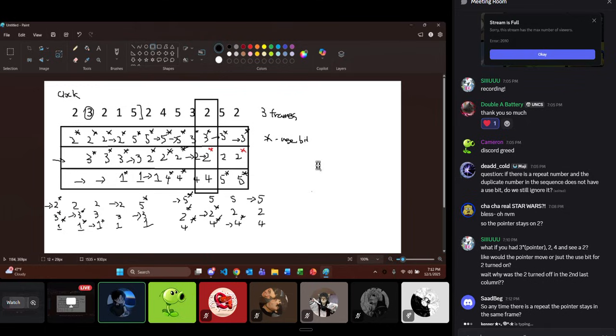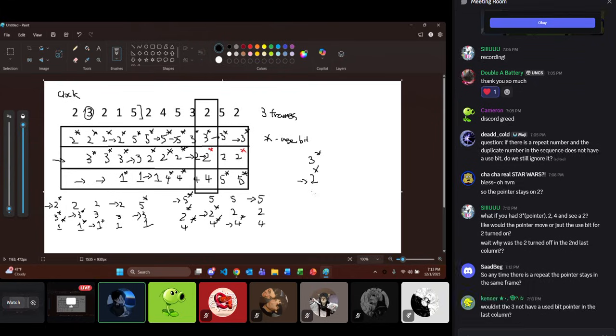So we're at 3 use bits, and then 2 use bits, and then we have a pointer pointing here, and then 4. Okay, and we need to replace 5. 5 is what we're replacing, right? Because that's the next number that we have to replace. In this case, because 2 already has a use bit on, what do we do? Because that's where it's pointing at, right?